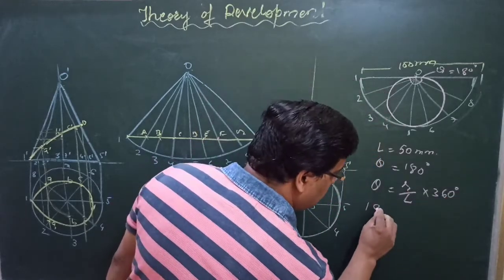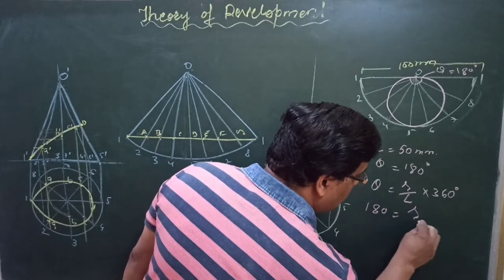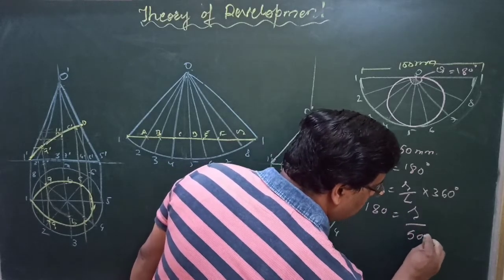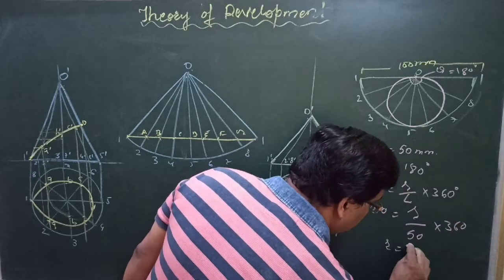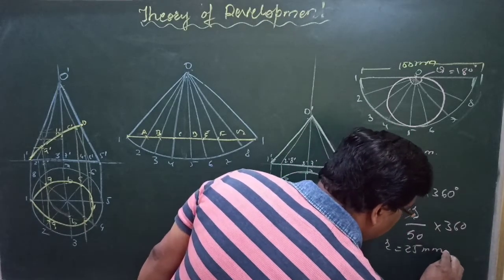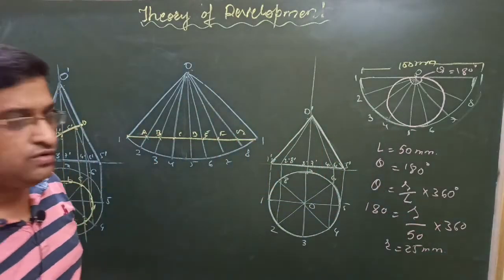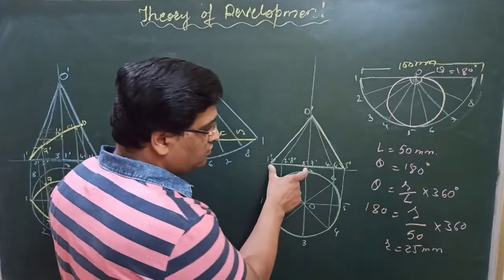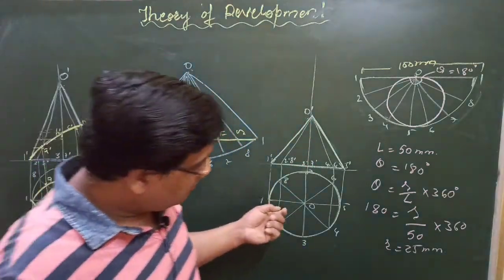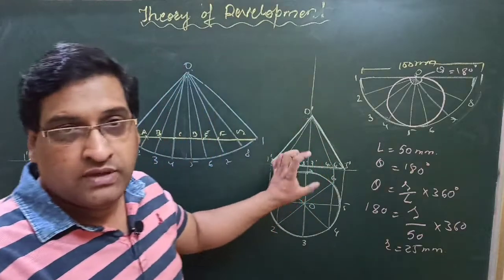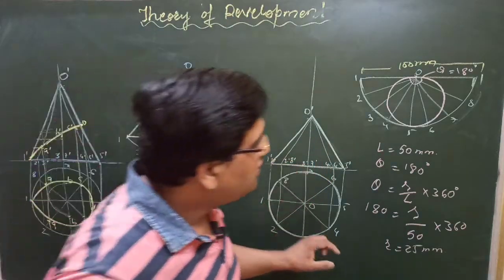So 180 is equal to R, which we have to find out, divided by 50 into 360. So R has come to be 25 mm. So using these data, R equal to 25 mm, slant edge equal to 50 mm, you can easily draw the top view and front view of the cone, right?